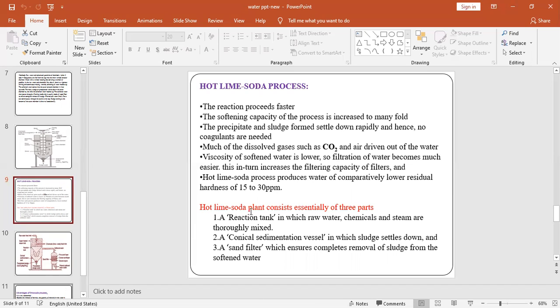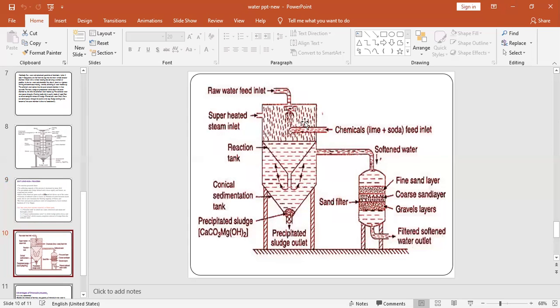Hot lime soda plant consists essentially of three parts: a reaction tank in which raw water, chemicals and steam are thoroughly mixed. So this is the reaction tank in which raw water, chemicals and steam are mixed together.